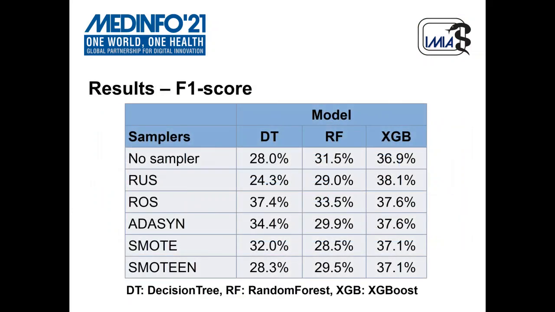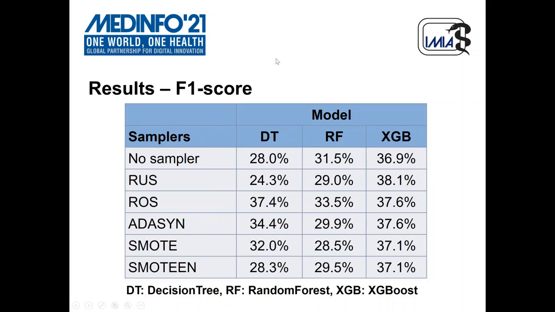So here are all the F1 scores observed for all combinations of samplers and models. Each column represents one model. Here is decision tree, random forest, and XGBoost. On the left-hand side, we can see all the samplers and when we used none.